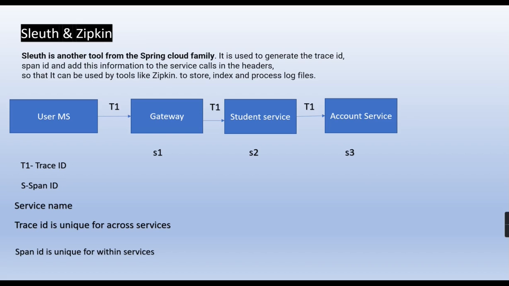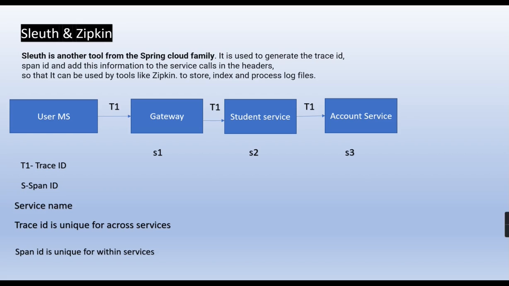Before knowing about Sleuth and Zipkin, we need to understand a real time problem. In a distributed environment, we will be having many services. If you are working in a real time project, in an MNC company, you will be having plenty of microservices, and each microservice is interconnected with another service.